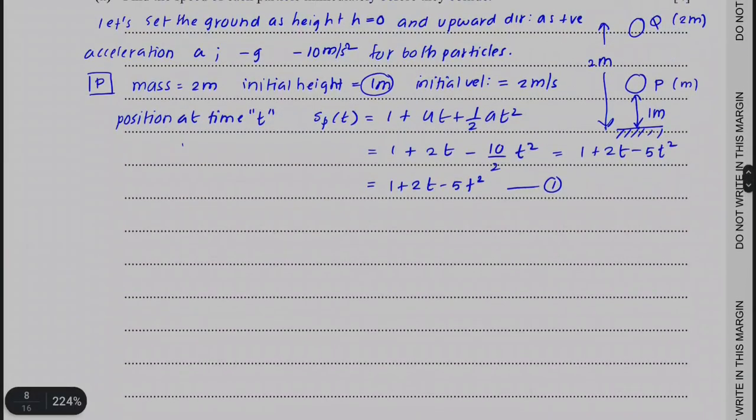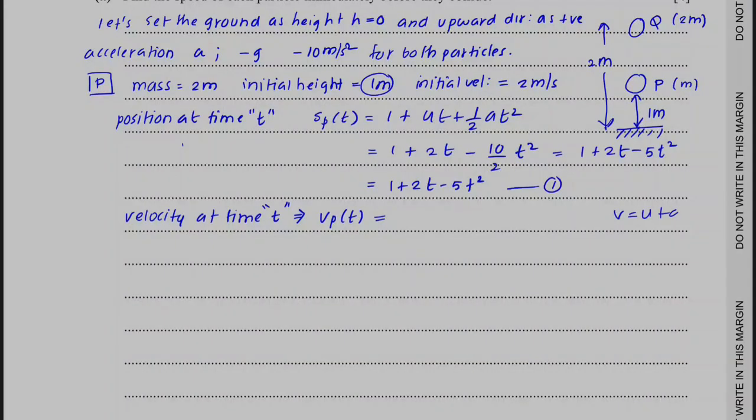Now for this particle, we can find an expression for the velocity as a function of time. So the velocity at time t, let's call it Vp of t, is equal to, let's use the expression v equals u plus at. Here there is an initial velocity, and we do have acceleration.